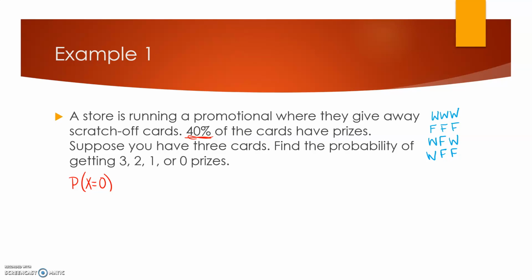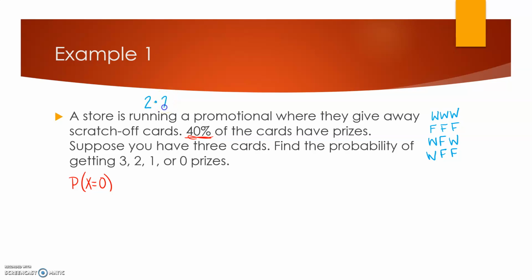for each one, for each card. It's either a win, or it's a success, or it's a failure. Either I won a prize or I didn't. So on the first card, there are 2 possible outcomes. And then the second card has no bearing on the first one. They're independent of one another. If this one was a winner, it doesn't mean that the next one's going to be a loser.